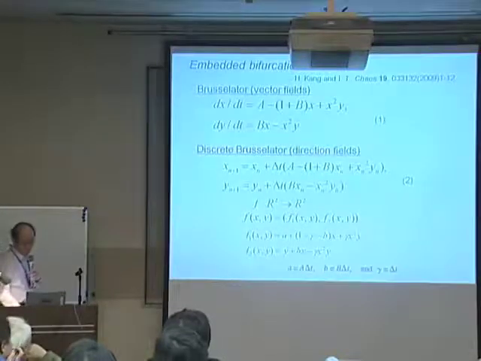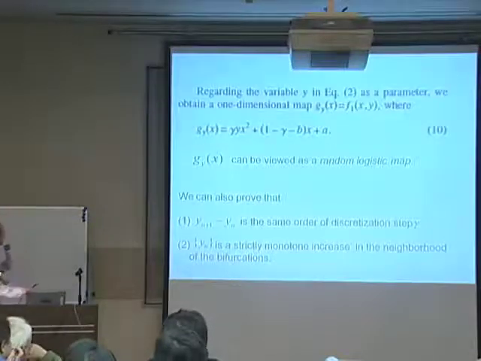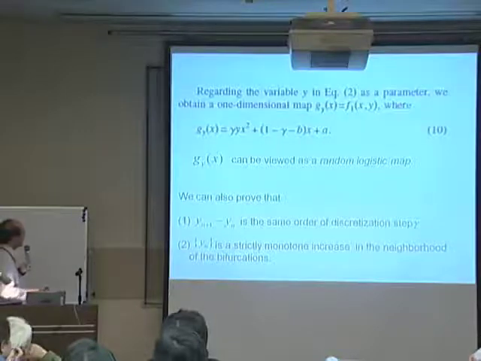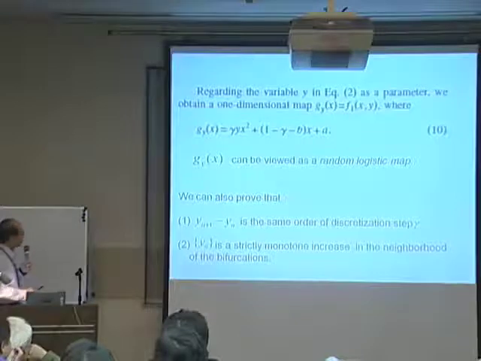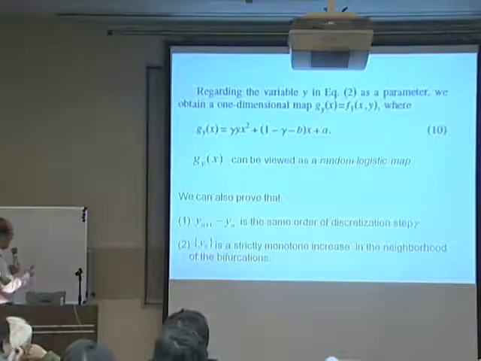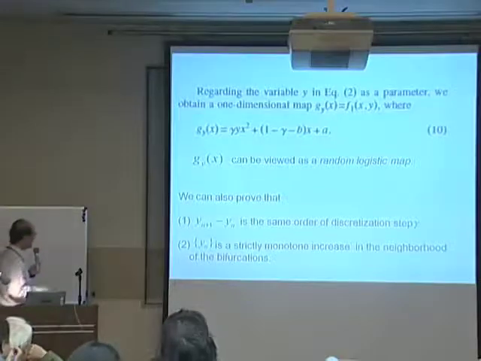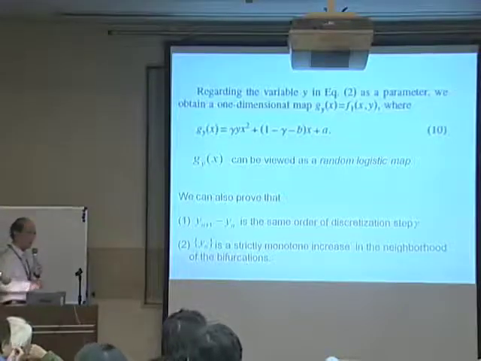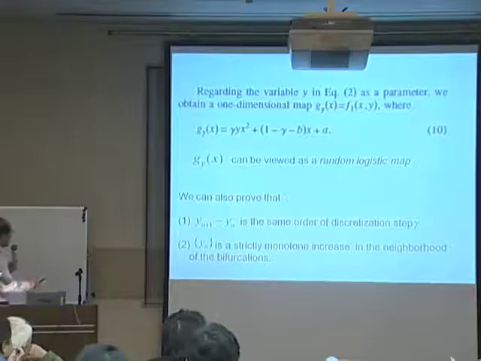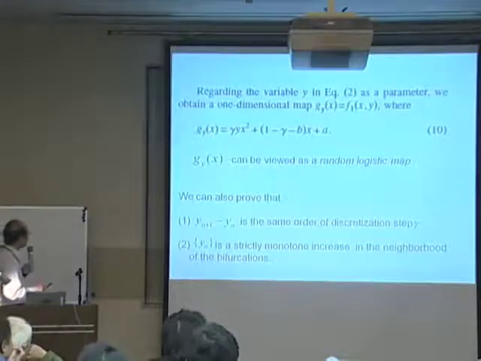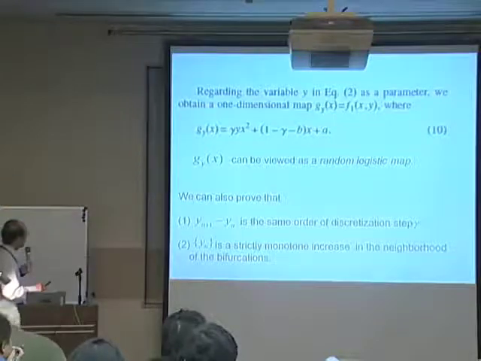So, regarding the variable y as a parameter, we obtain a one-dimensional map, the so-called logistic map, which shows many bifurcation structures, including chaos and periodic orbits of any period. If y is a parameter, it represents the logistic map.